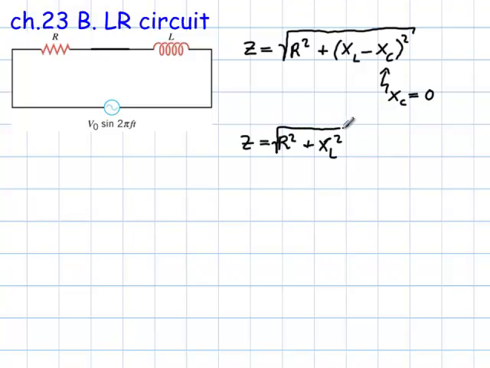Of course here it's plugging in XL equals 2 pi times the frequency times the inductance, and those are all given. The frequency is given as 106 Hertz, and the inductance is given as 0.200 Henry. The resistance is given as 215 ohms.